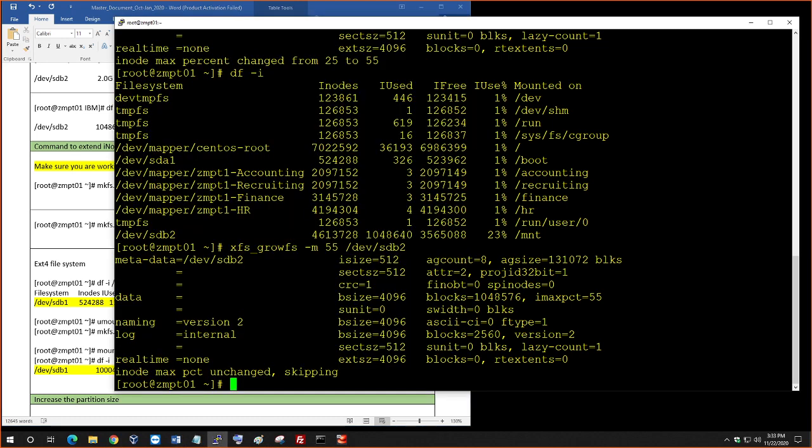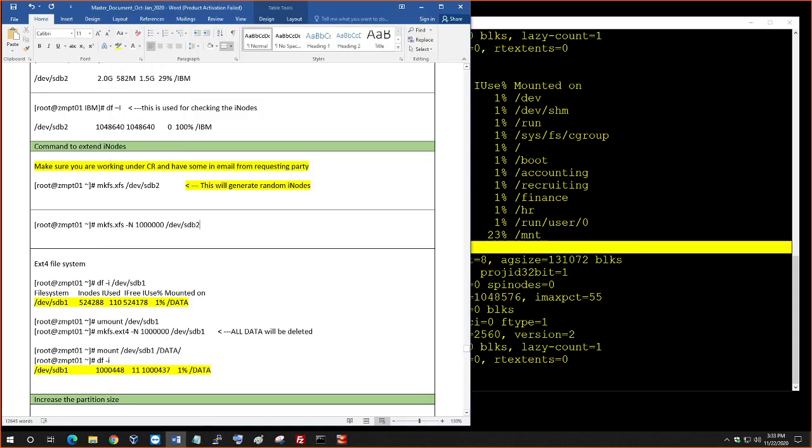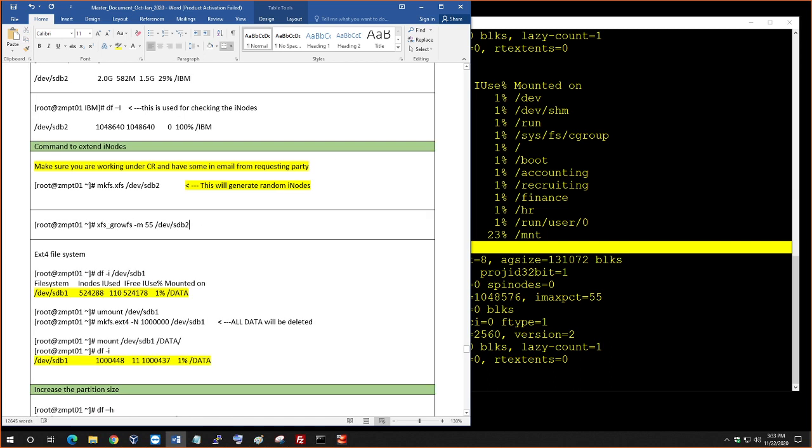The correct command to increase the inode is this command here. And mkfs.